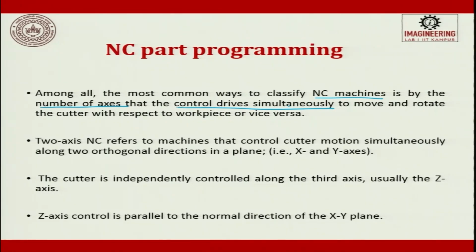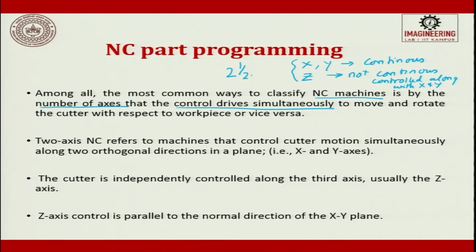There are possibilities where x and y are continuously controlled and the z axis is not controlled along with x and y axis. So, these machines are called 2.5 axis machines.